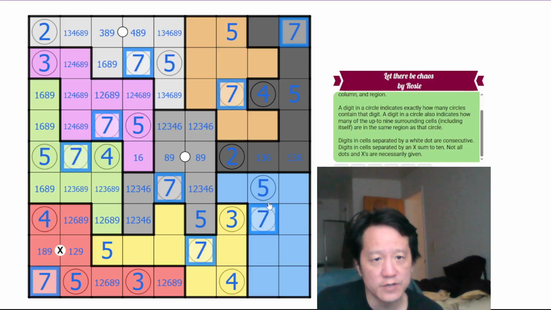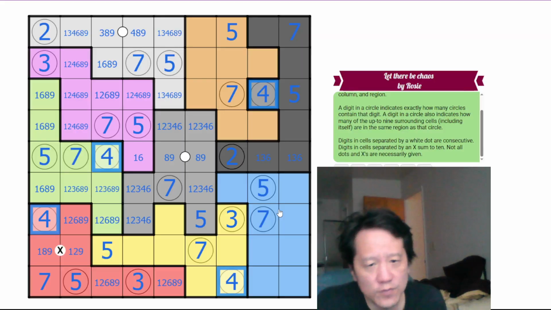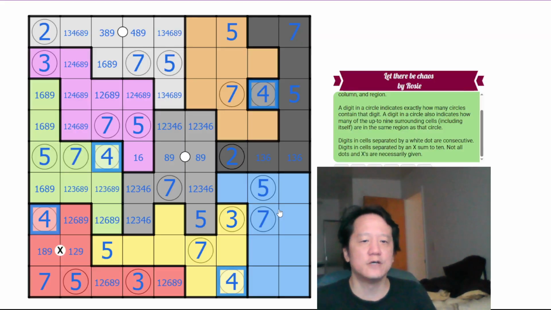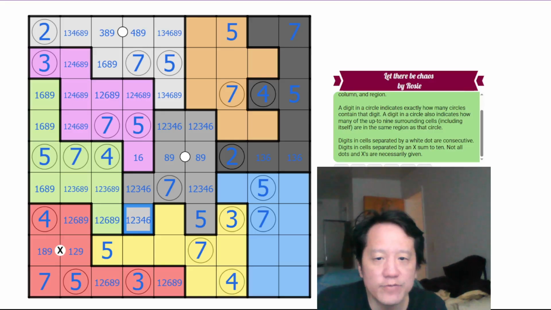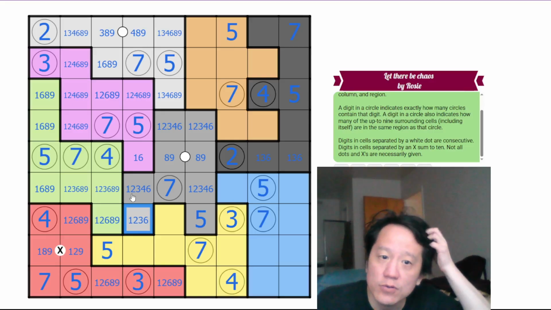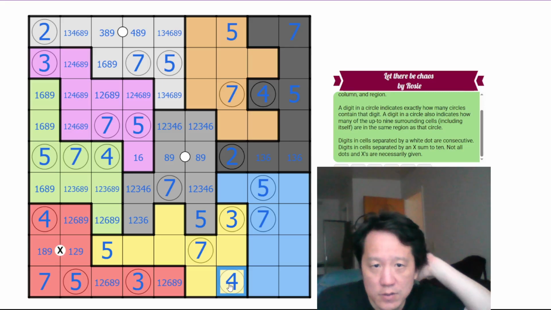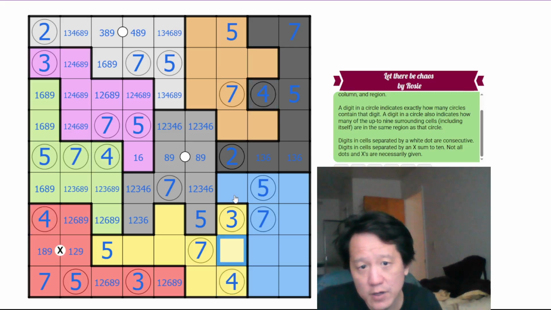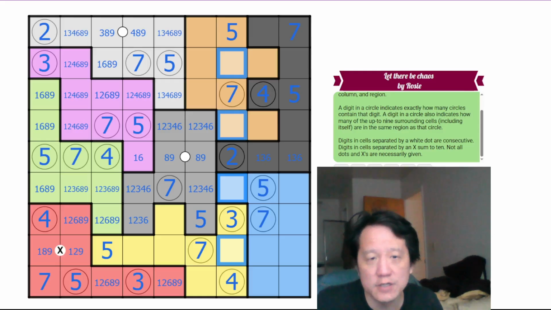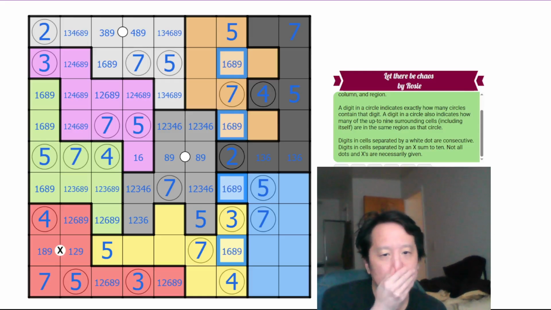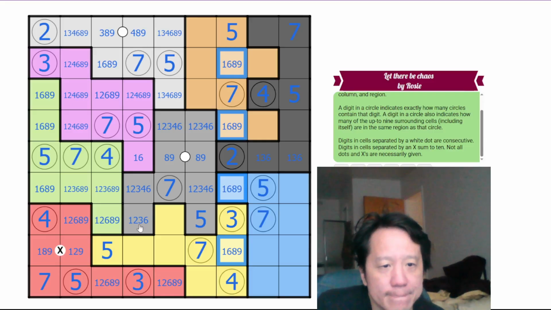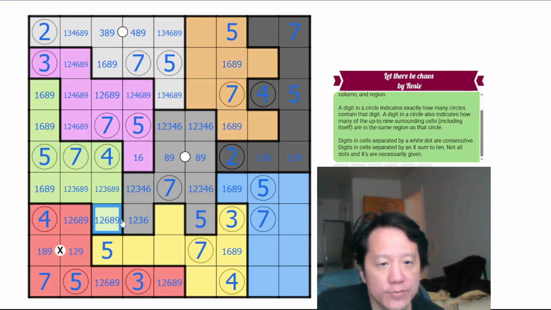We've done all the 7s. 4. Oof. This can't be 4 because of 4 in the row. Remaining digits of column 7 are 1, 6, 8, 9. Okay. 3 eliminates 3.